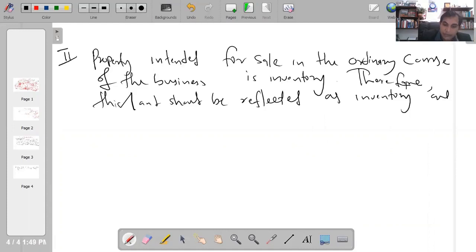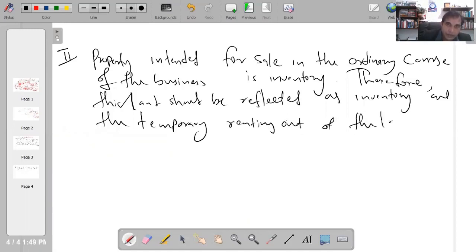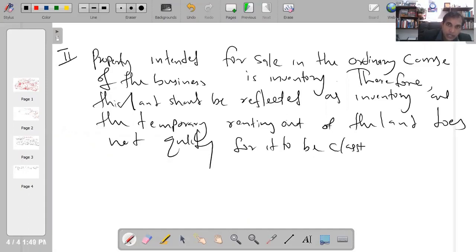And the temporary renting out of the land does not qualify for it to be classified as an investment property.